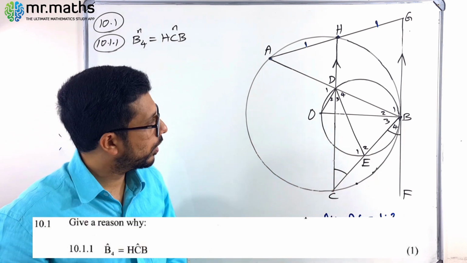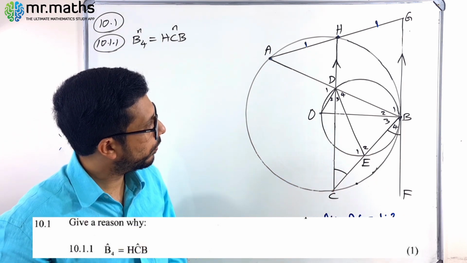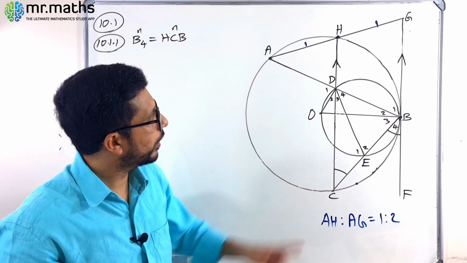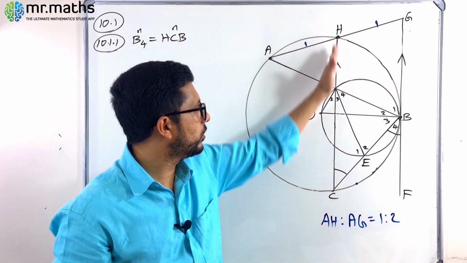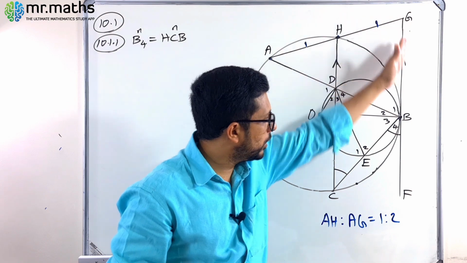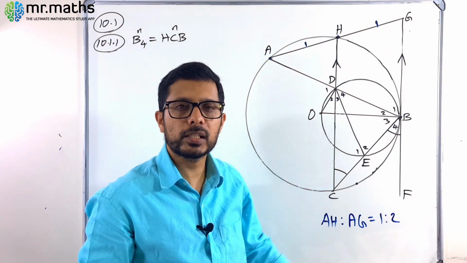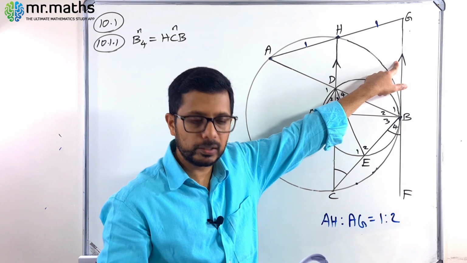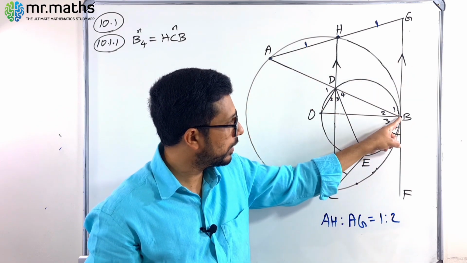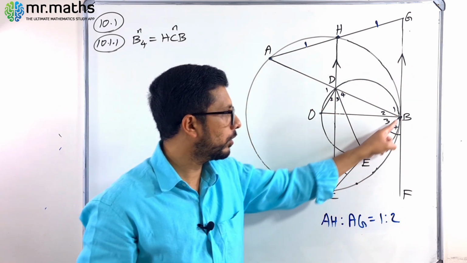So now what we can say, look at these two lines. Can you see that this line HC and this line GBF are parallel? It is given like that. So what about this line? Is it not a transversal?